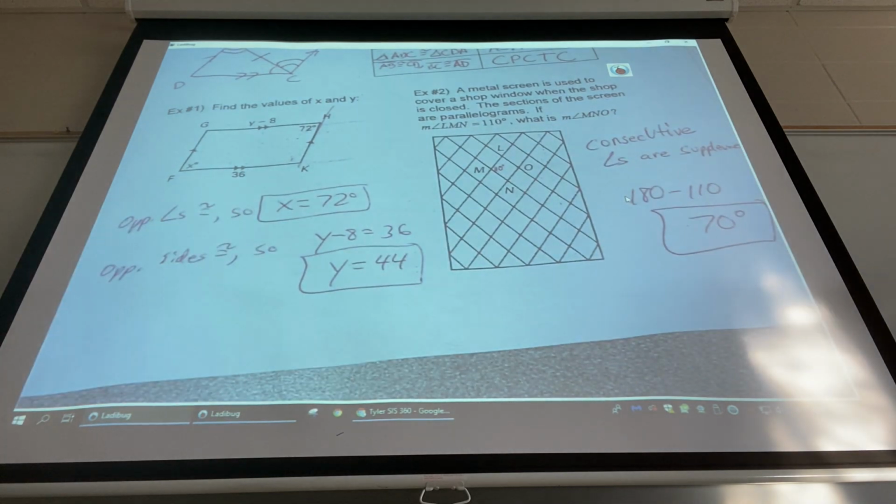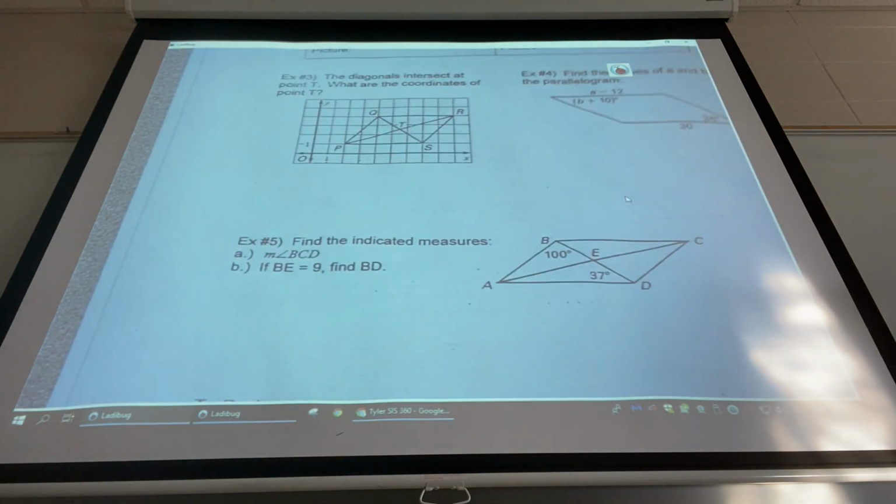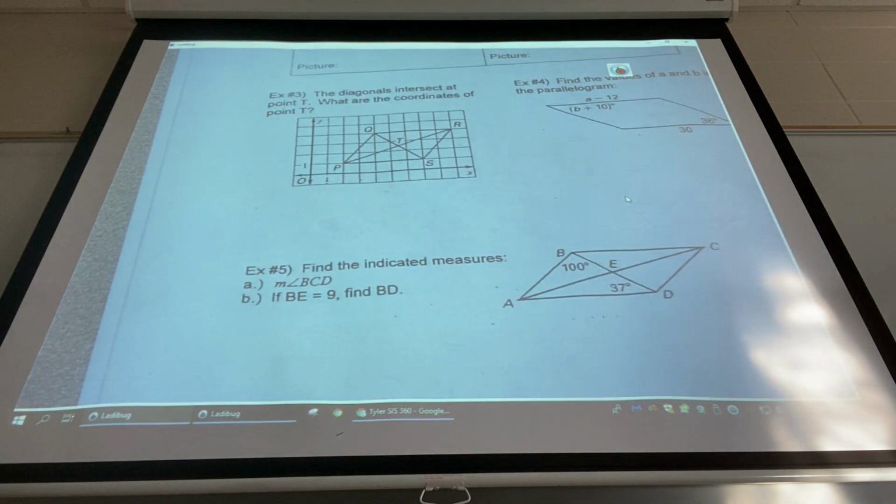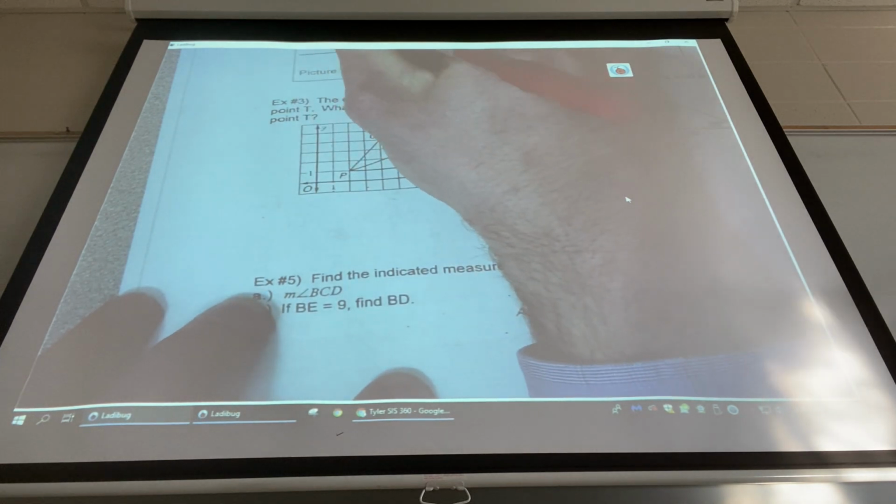All right, let's look it over. I think that's another theorem, so let's get this down. If a parallelogram, we'll get rid of the quadrilateral part. Everybody knows these have four sides, right?